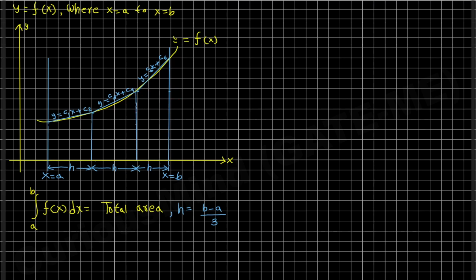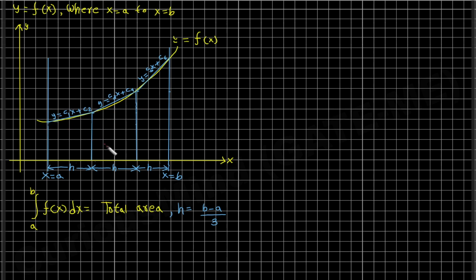Because we know that a trapezoid is made of a triangle and a rectangle. In this numerical integration technique, which is the trapezoidal rule, we approximated the area under the curve in each subinterval into an area under a straight line between that subinterval.